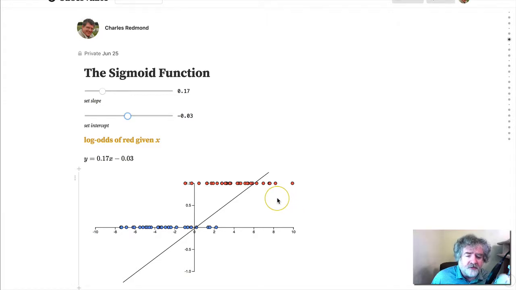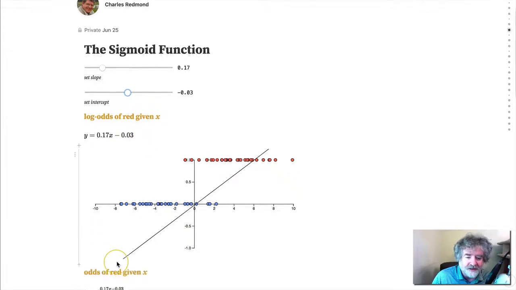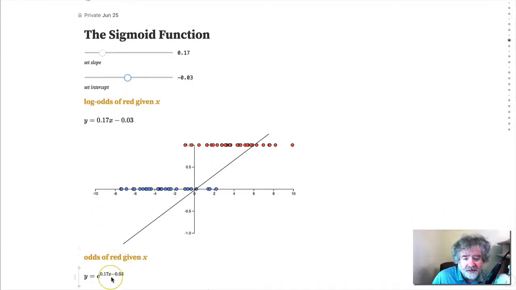But we want to start working back to probability because that's a little bit easier to understand. So the next step would be to go from log odds to odds. The log is a logarithm, right? So when you have the odds, you get the log odds by taking the logarithm.